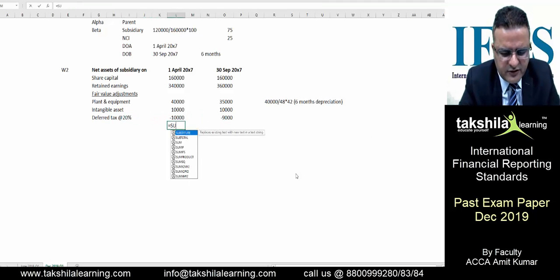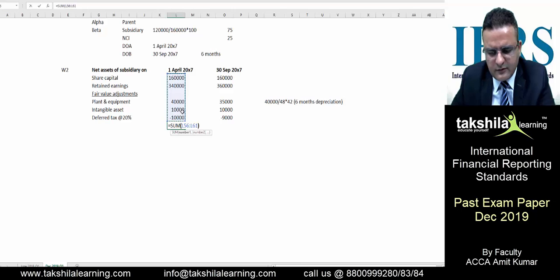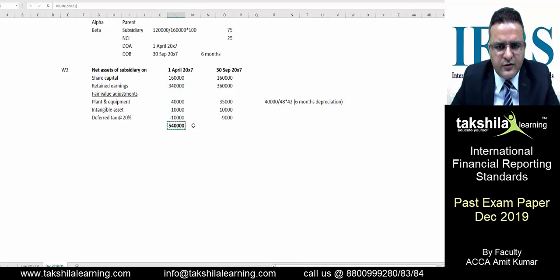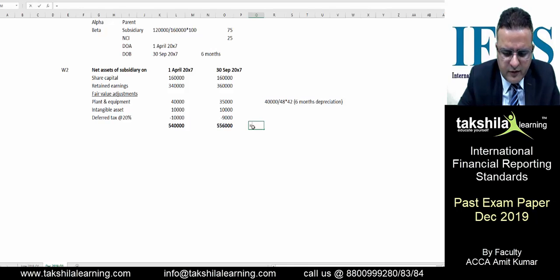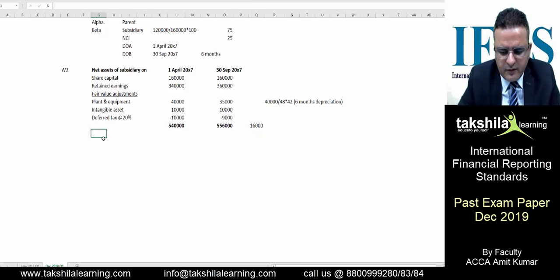The net assets position on this date equals 5,40,000 is the net assets position on the date of balance sheet. It is 556,000. The difference between the two is post acquisition profit, which is to be divided between Alpha and NCI.